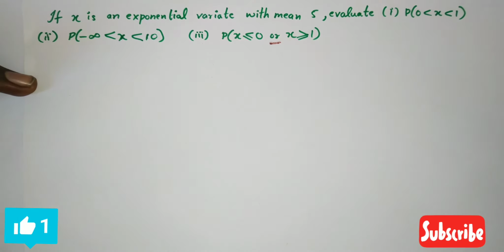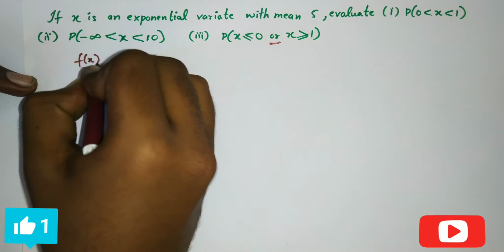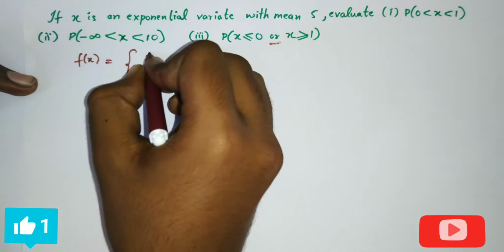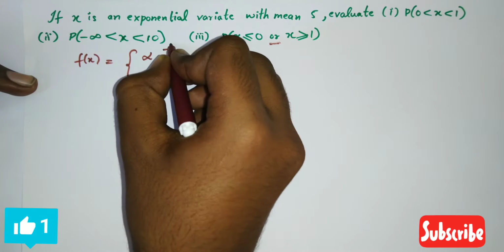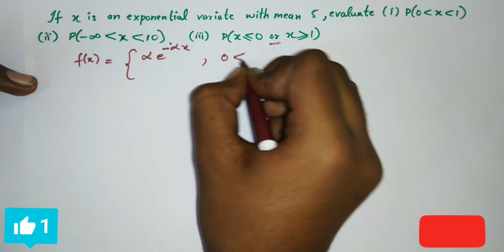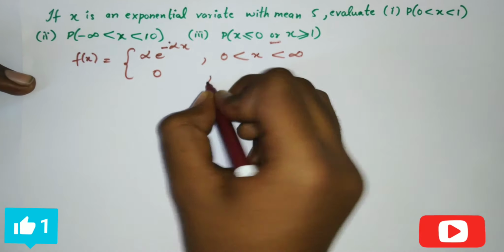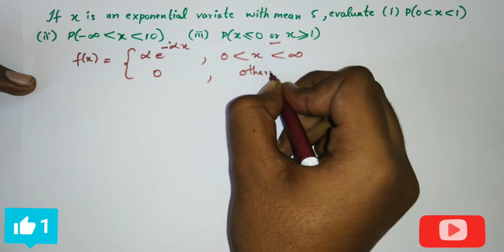Now it is given it is an exponential variate, that means this is the exponential probability distribution. Let us understand the function. The function is always f(x) = α e^(−αx) when x lies between 0 and infinity, and f(x) is 0 otherwise.